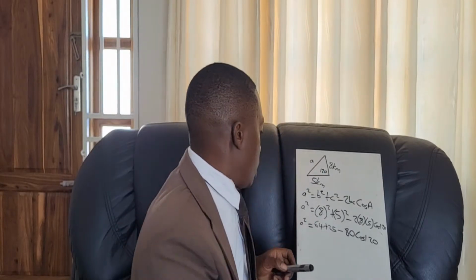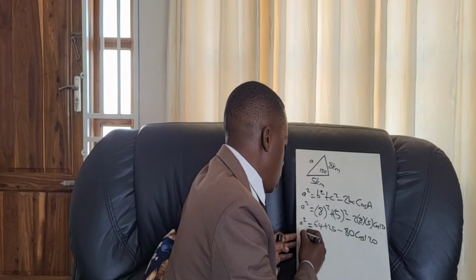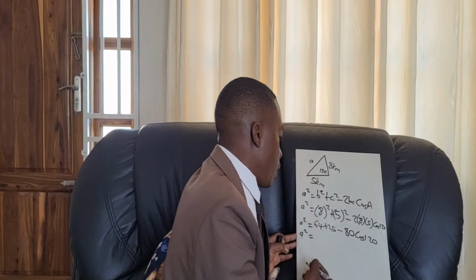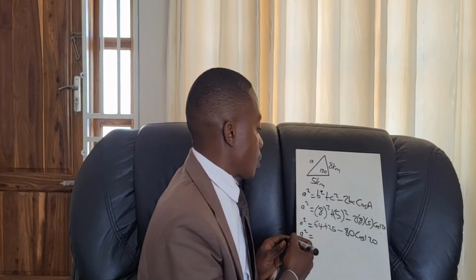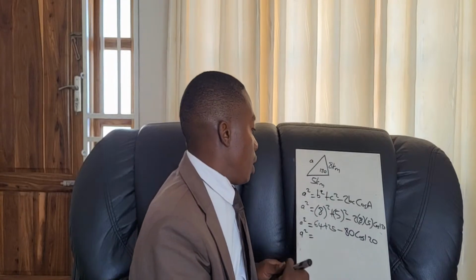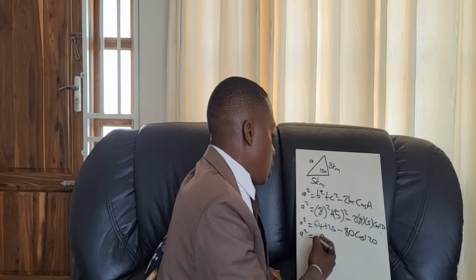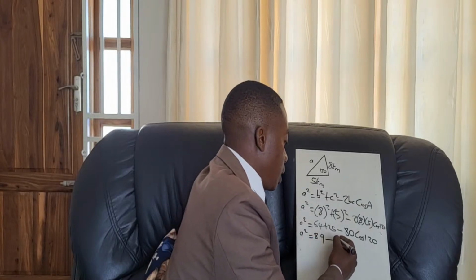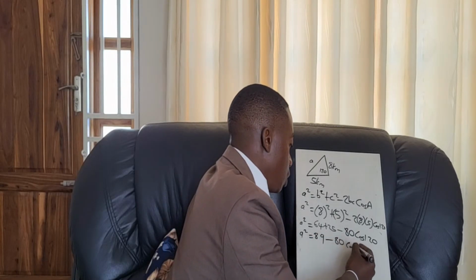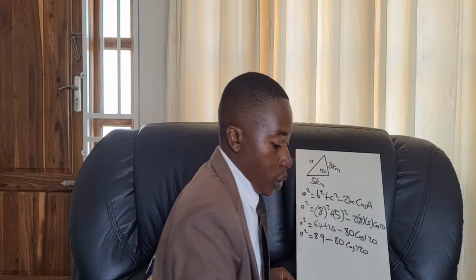Right, fine. Now a squared equals, if you simplify this, 89 minus 80 cos 120.